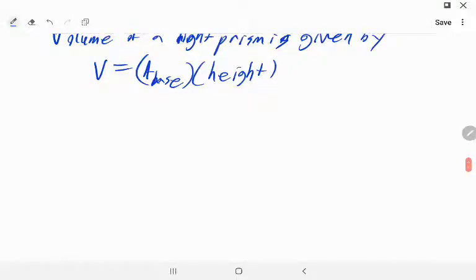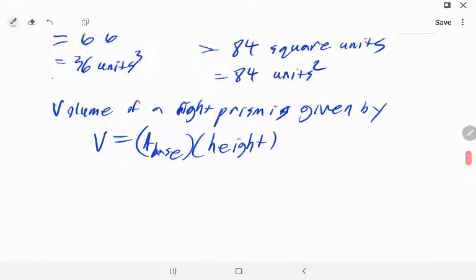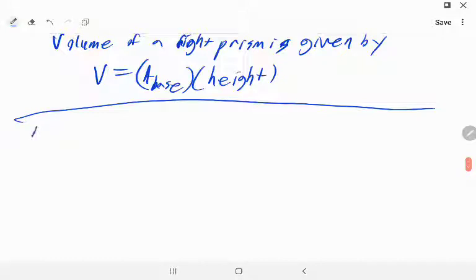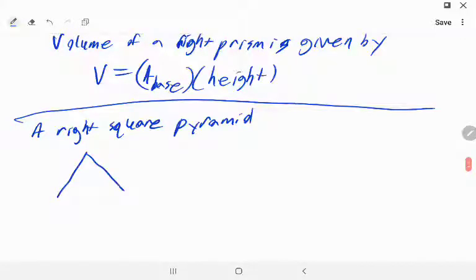So, in general, you'll be given all of those side lengths. A little bit different is for a pyramid. So, a right square pyramid, we notice that we're looking at a square base and then sides going up to a point.